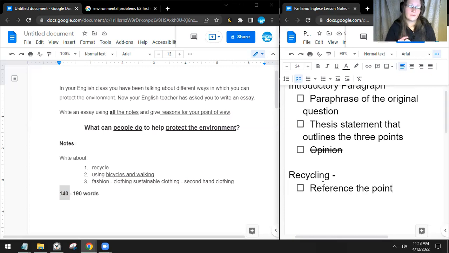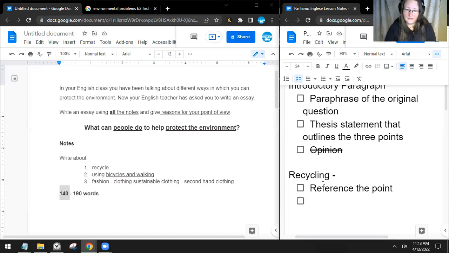In this case, it's going to be about recycling. And then we need to include reasons and examples. For this kind of essay, I think what might work best is giving an example about something that they can do and then talking about the outcome.